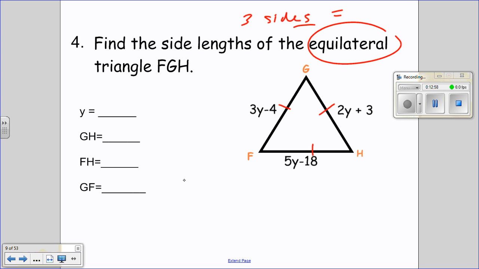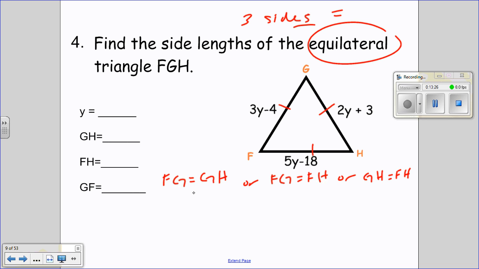So first you got to find out what Y is by either setting FG equal to GH, or FG equal to FH, or GH equal to FH.